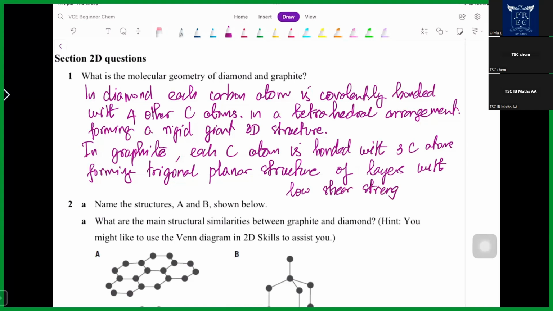So key points are: trigonal planar structure is one particular key point, layers with low shear strength, and bonded with three carbon atoms. This one is for the other: tetrahedral arrangement and rigid giant 3D structure. So these are your key points.